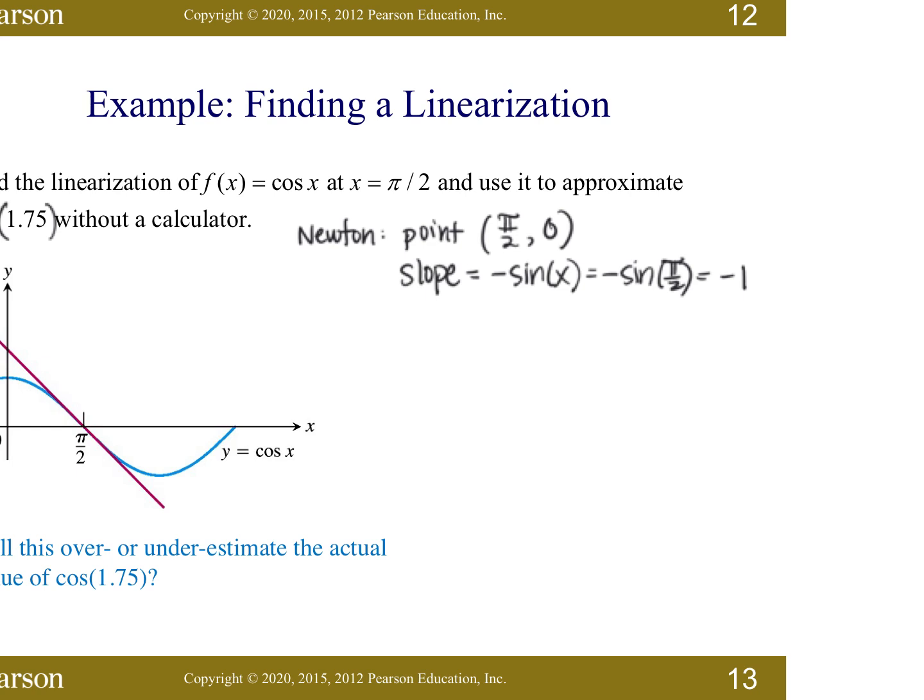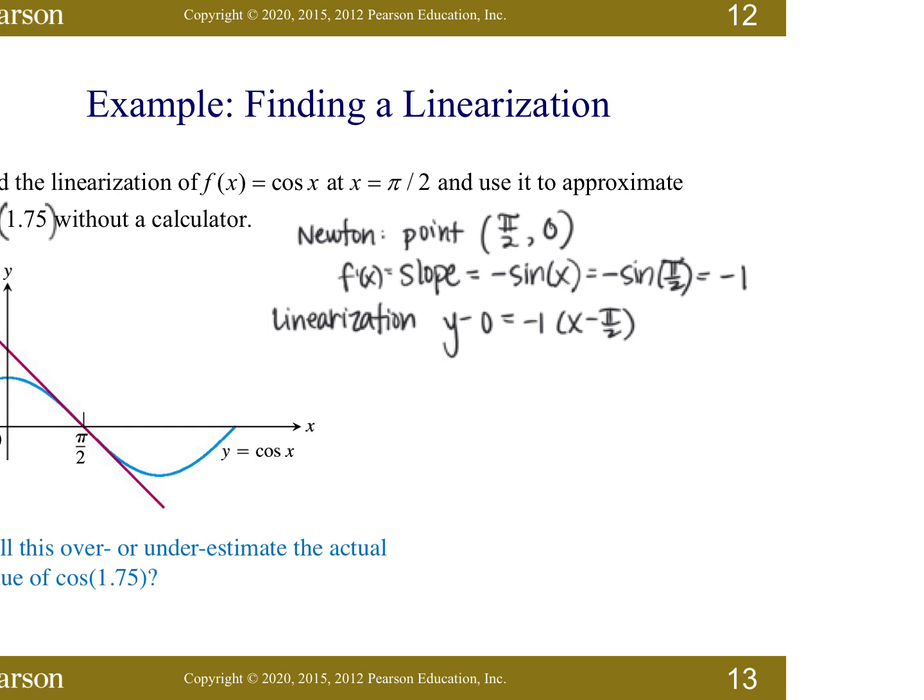So Newton's linearization using his point and slope would be y minus 0 equals negative 1 times x minus pi halves. I found the slope by finding f prime. That would be Newton's way.